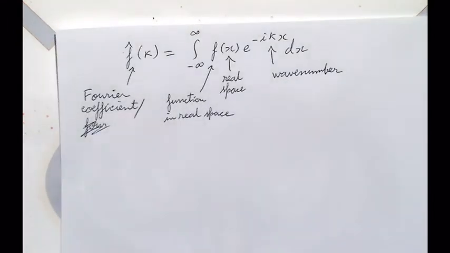Fine. There is this formula. What does this mean? What does this Fourier coefficient represent? Physically, can we assign some physical meaning to this?